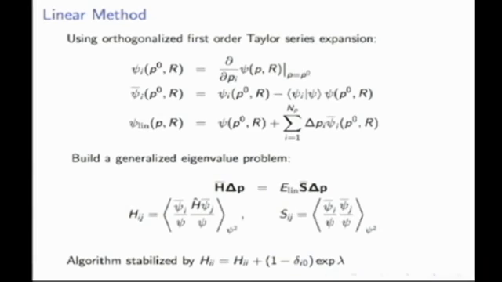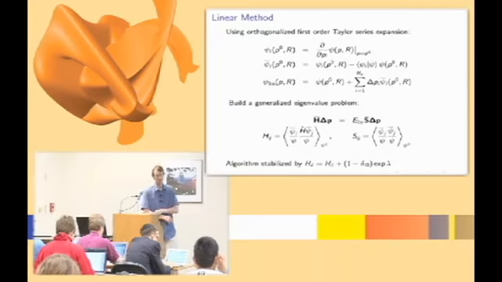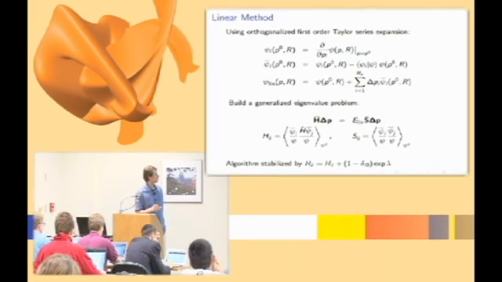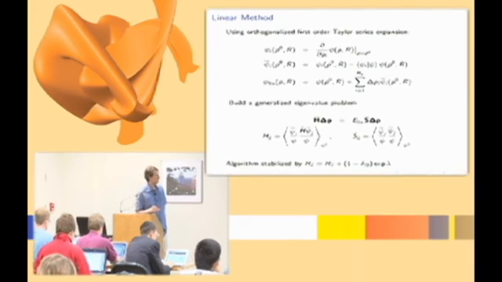The linear method gets its name from the way that you treat your trial wave function. You take your trial wave function and you expand it. We're going to use a linearized trial wave function. This trial wave function consists of the trial wave function with a set of parameters in it, plus a set of basis states.